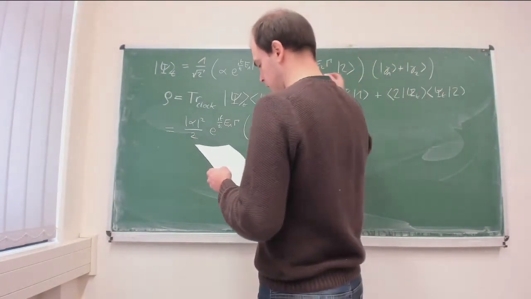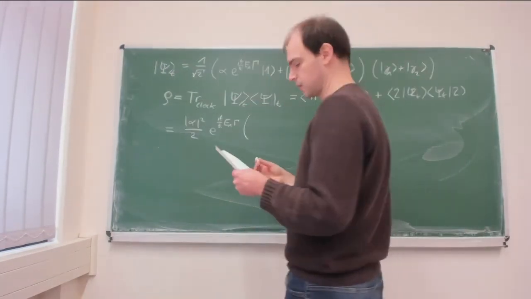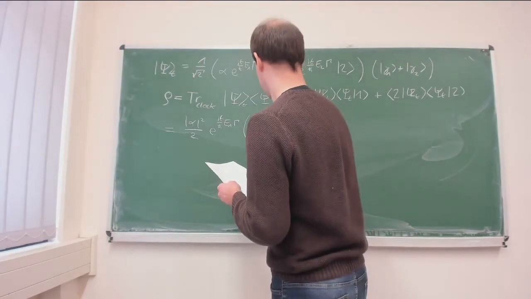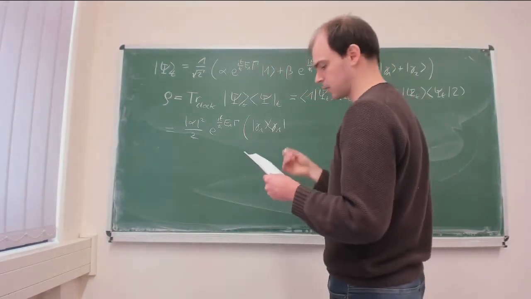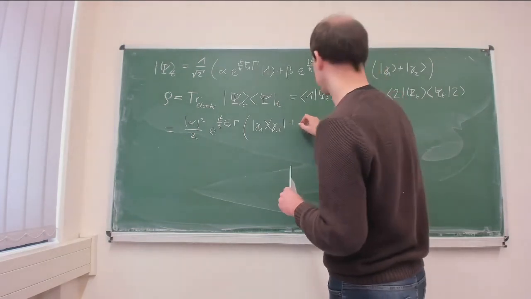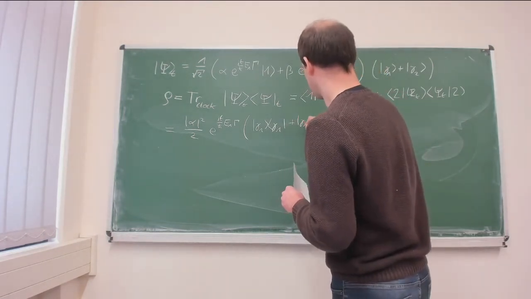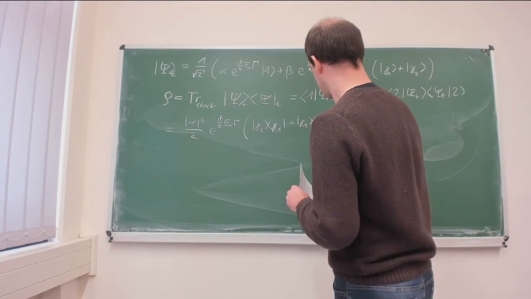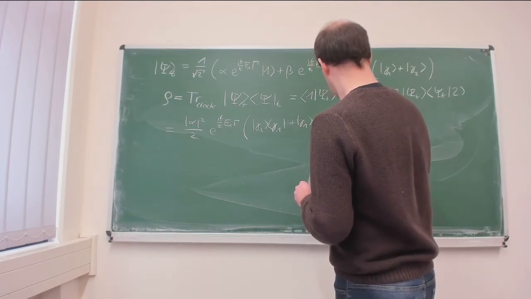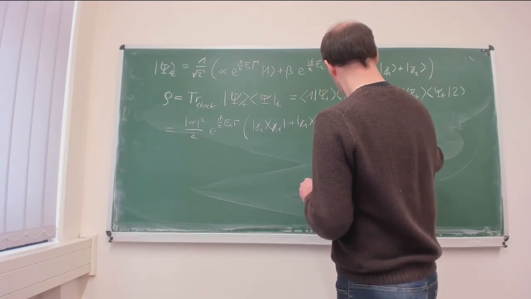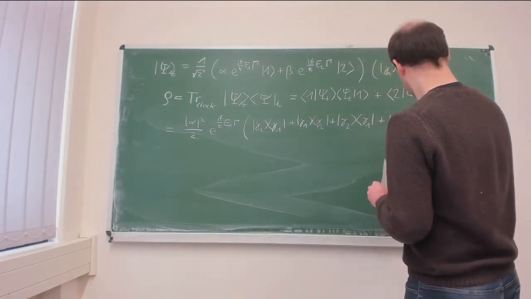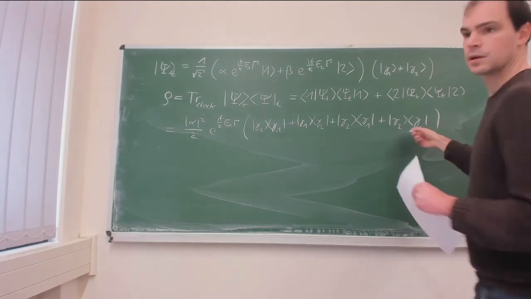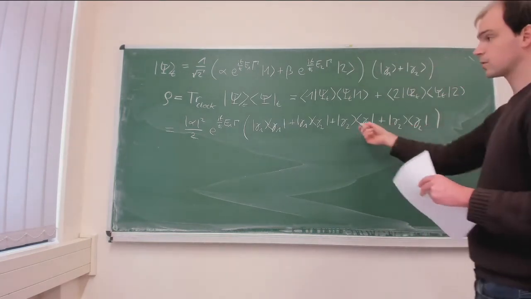So we get actually all 4 terms. We get gamma 1 gamma 1, then we get gamma 1 gamma 2, and so on. So those 4 terms.